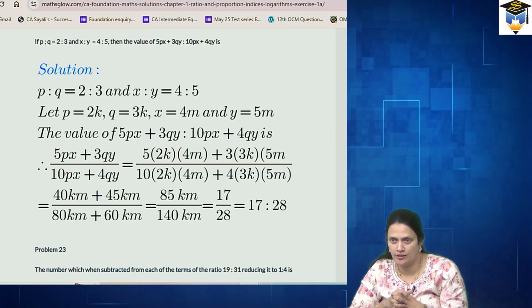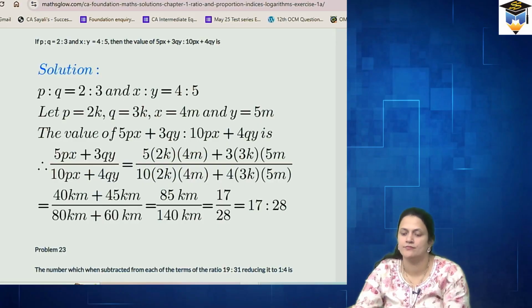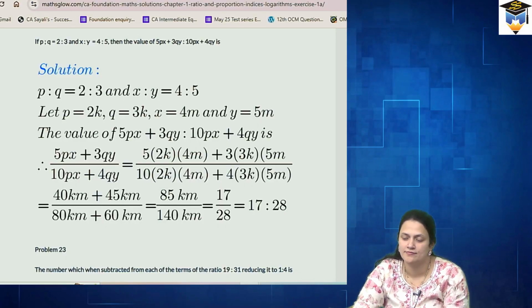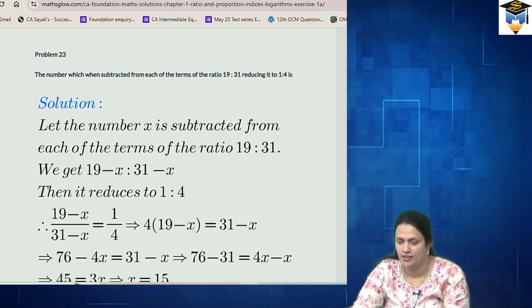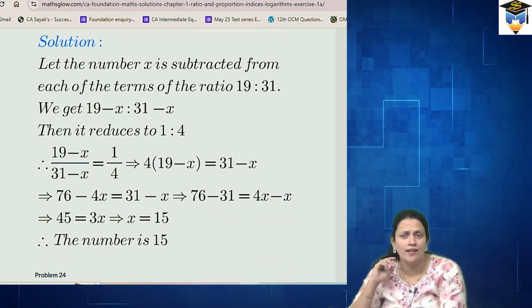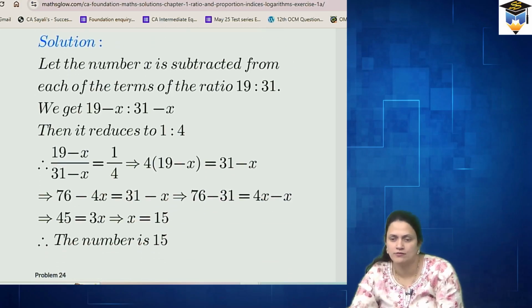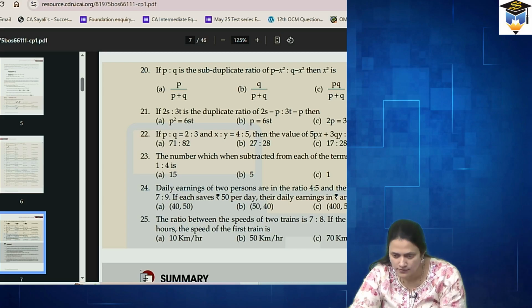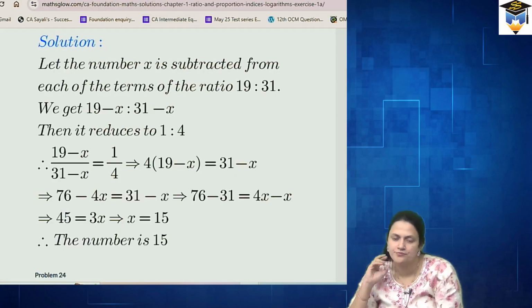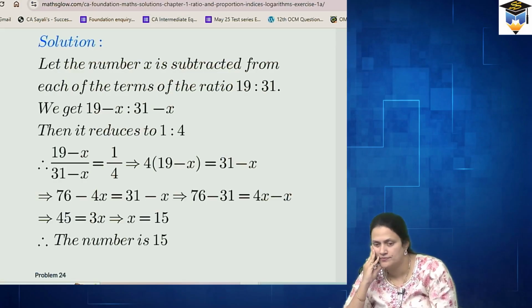Did you finish 23rd? Is 22nd done? This is finished. So what option did you get? A? Is 15 option A? Write down this.